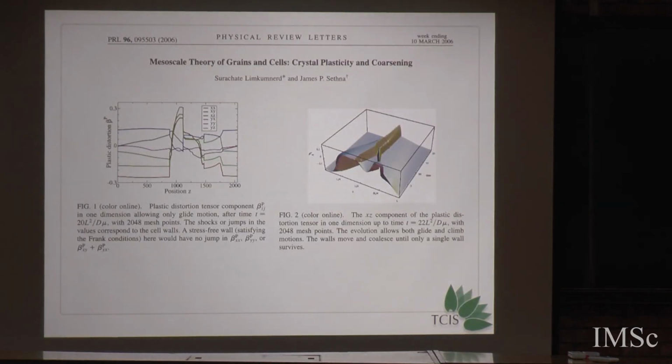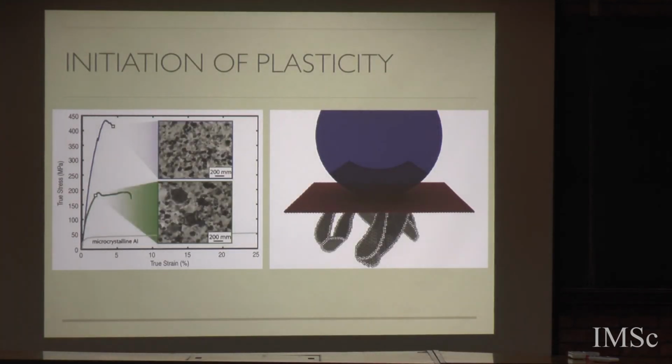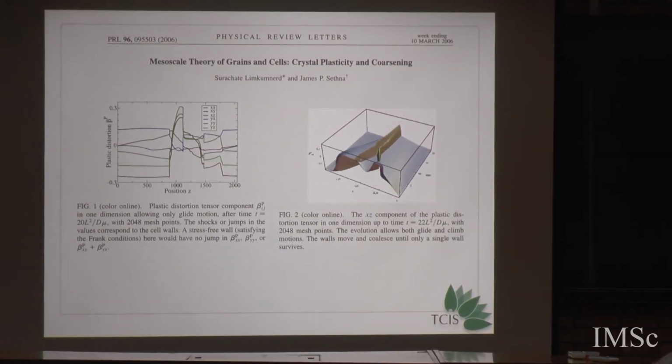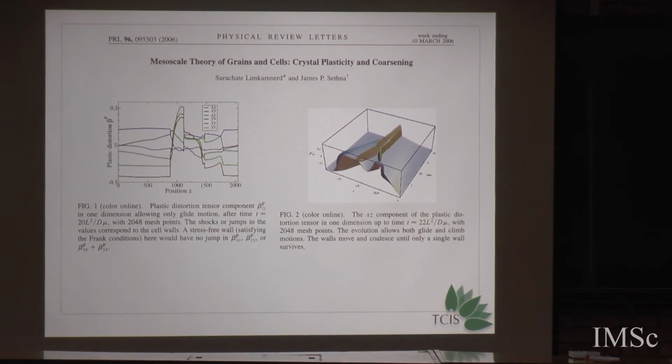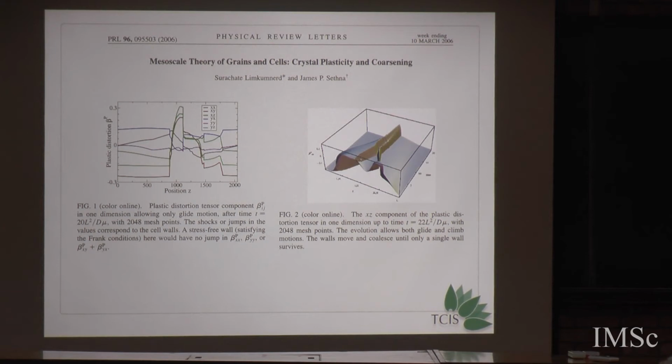Okay. So in the next few minutes, I'll tell you about, so far, I told you that this is about a material which is already plastic. So it already has some dislocations, and we are trying to find out what happens to those dislocations, either as a function of external stress or as a function of internal stresses because of other dislocations.